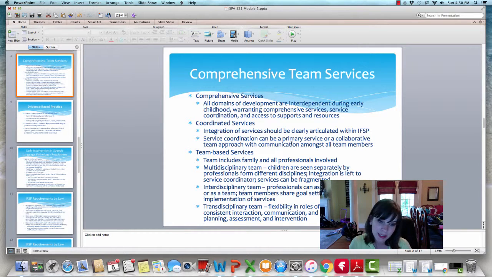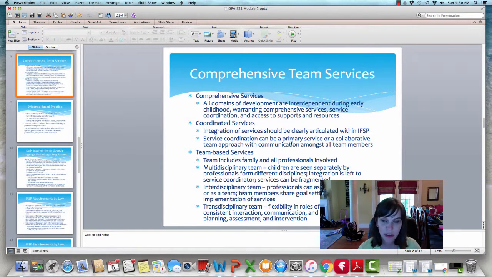Then we have the transdisciplinary team where there's the flexibility and roles of team members. So the SLP might help with addressing some of those physical goals. The PT might help addressing some of those language goals. It offers consistent interaction, communication, and coordination of planning, assessment, and intervention. And ideally, transdisciplinary team is the type of team approach you want.